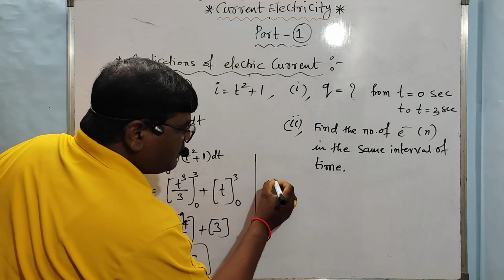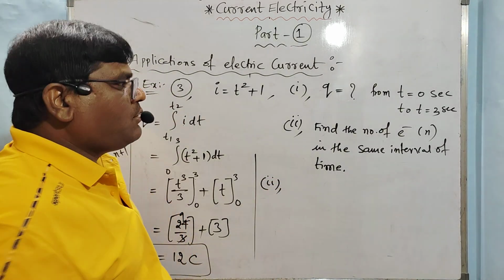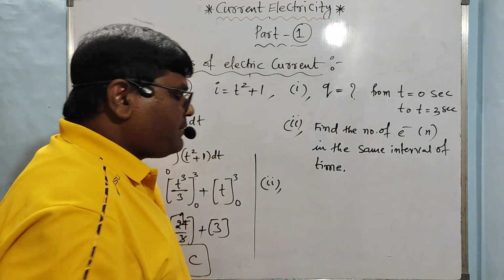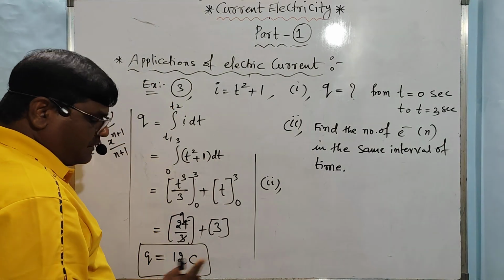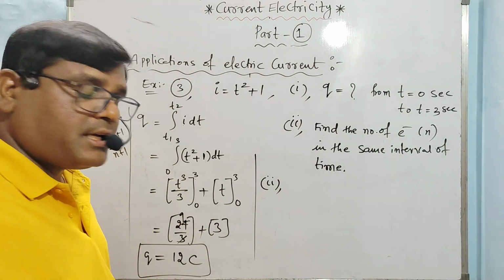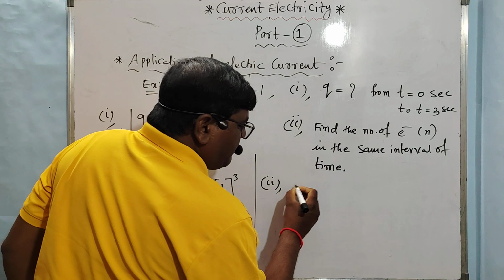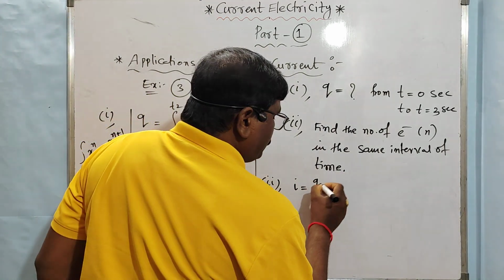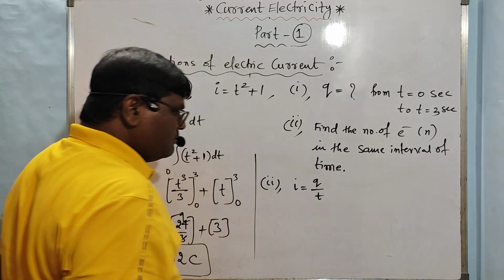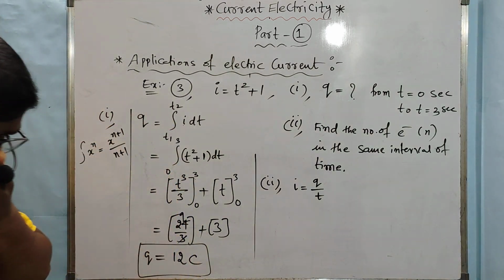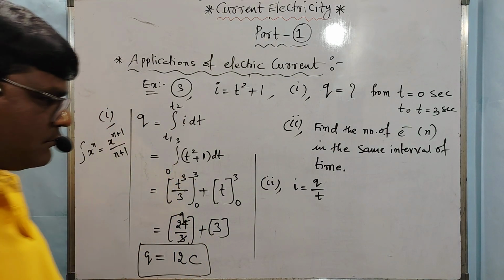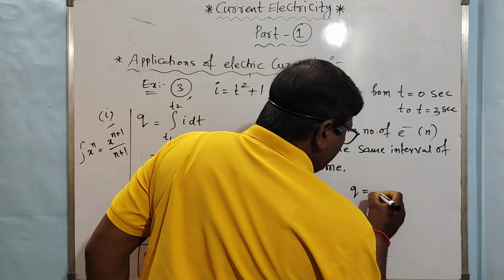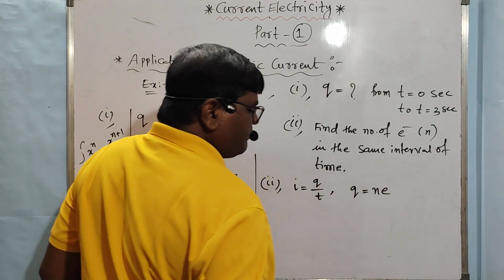That is number 2. We have to find the number of electrons in the same interval of time, whenever this charge is crossing across the conductor. How can we find it? What is the formula for the current? I is equal to Q by T. We know one more formula, Q is equal to N into E only, na?